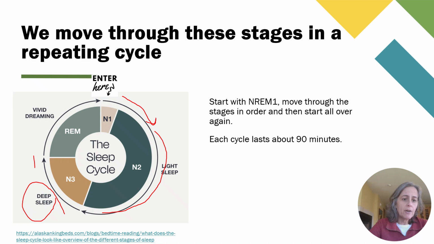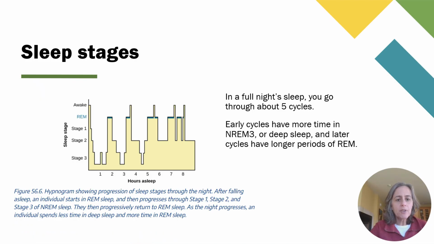And then from there, we move into dreaming. And then after that's done, we start all over again. So we do this periodically through the night, always moving through those phases. And each cycle lasts for about 90 minutes approximately. So in a full night's sleep, which is what we're seeing in this diagram here, you go through about 5 cycles.